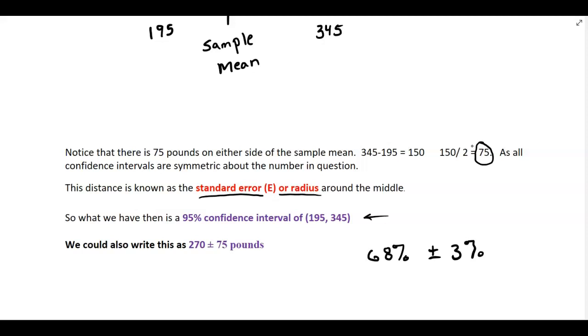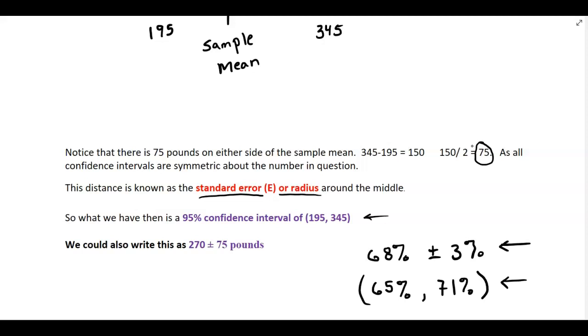If they were to write this down with the parentheses, they would say that the percentage of people that are going to vote for candidate Bush would be between 65 and 71%. Both of these things are exactly the same. Most of the time on TV news, this is the one you'll hear, but in a lot of statistical papers and research, this is the one they'll use.